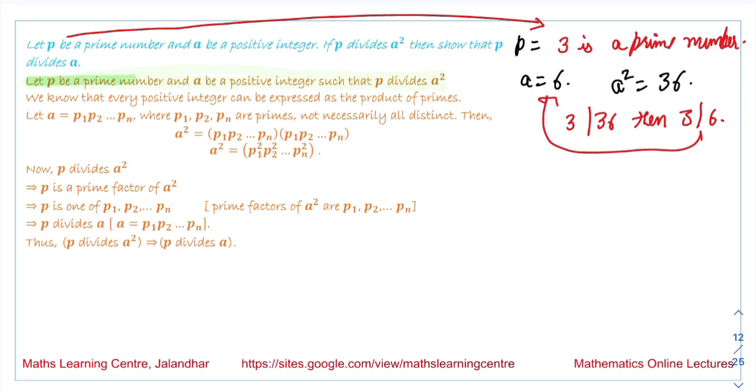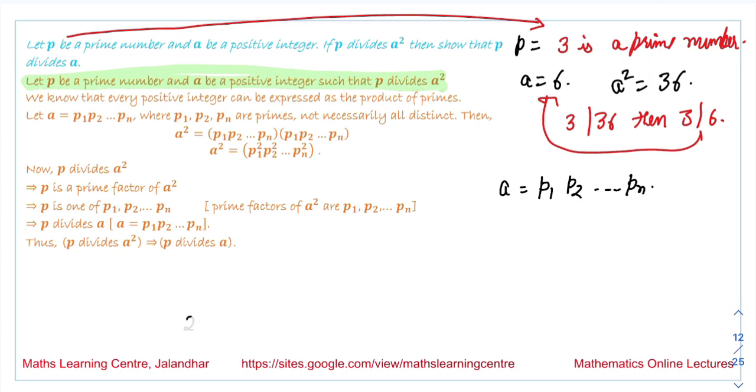Let p be a prime number and a be a positive integer such that p divides a square. Then we know that every positive integer can be expressed as a product of primes. So the number a that is given to us, suppose its prime factorization is p1 into p2 and so on up to pn, where these p1, p2, p3, up to pn are primes, and it is not necessary that all of them are distinct.